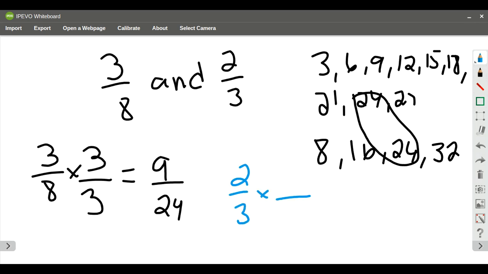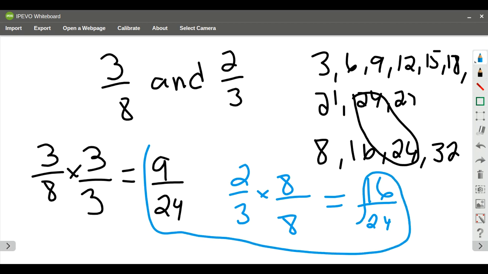I'm going to multiply this to get to 24. 3 times 8 is equal to 24. And whatever I do to the denominator, I have to do to the numerator. So I'm going to multiply 2 times 8, and I get 16. So there are my equivalent fractions for 3/8 and 2/3 that share the common denominator.